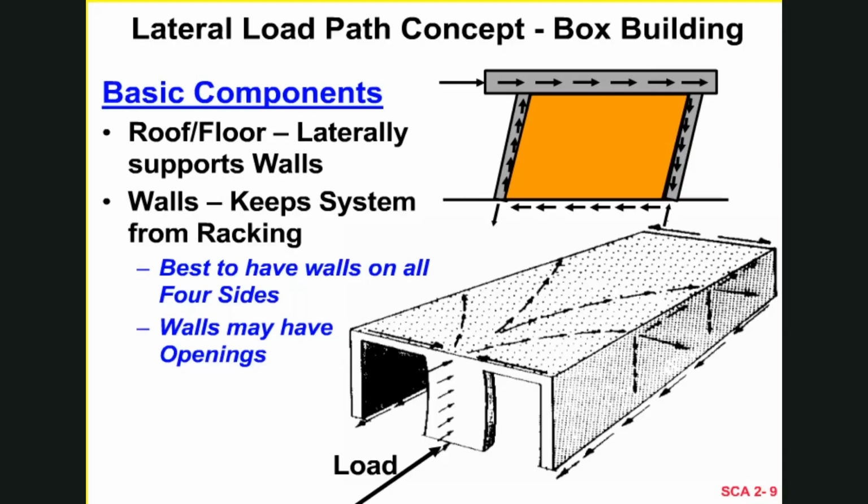And what you need to realize is that a very important element of a box structure, and actually all structures, is the floor or the roof, and we call that a diaphragm because it helps transfer the lateral load into the lateral load resisting system, be it a shear wall or, as we'll see, the columns in a frame system.